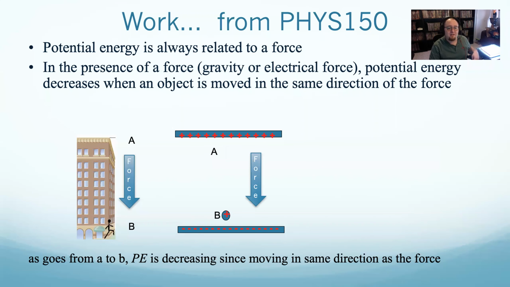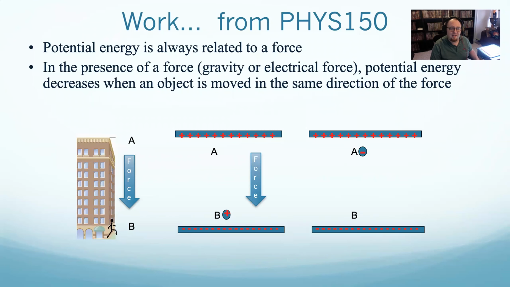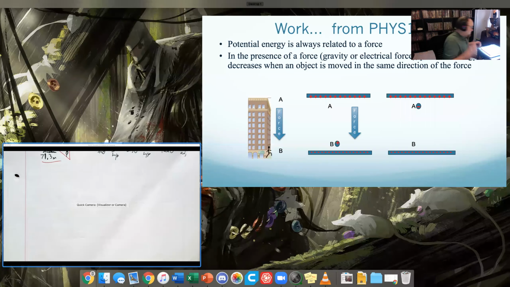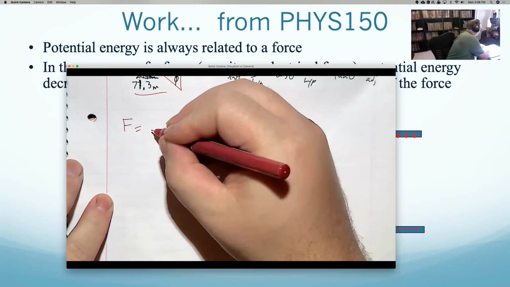Now, I can still say here that when we move from A to B, we would be decreasing in potential energy because we're moving with the force. One thing that is different between electrical and gravitation, though, is if I was to put an electron, a negatively charged particle, in instead, the force on a negatively charged particle, because remember that the force on a charged particle in an electric field is QE.